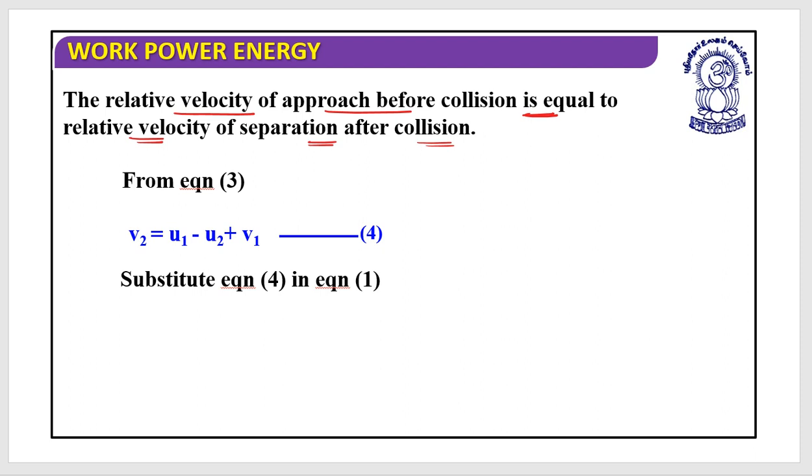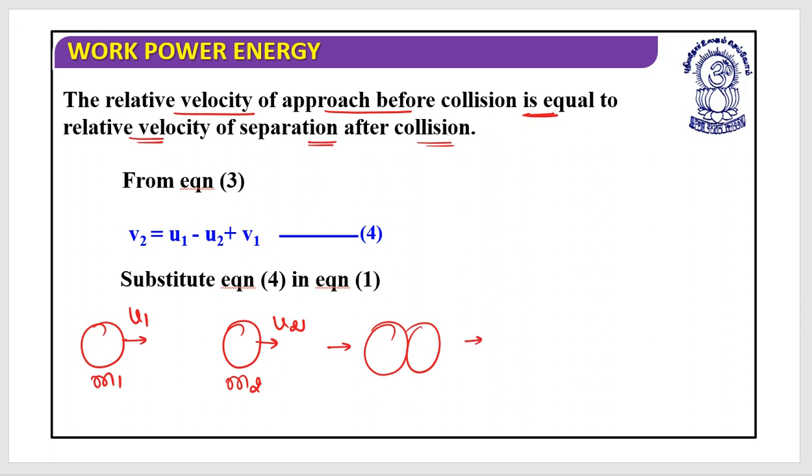So for velocity of approach, the situation was something like this. This was m1 moving in this direction with u1, and m2 moving in this direction with velocity u2. At a certain point they are going to collide, and then it is m2 with v2 and m1 with v1.